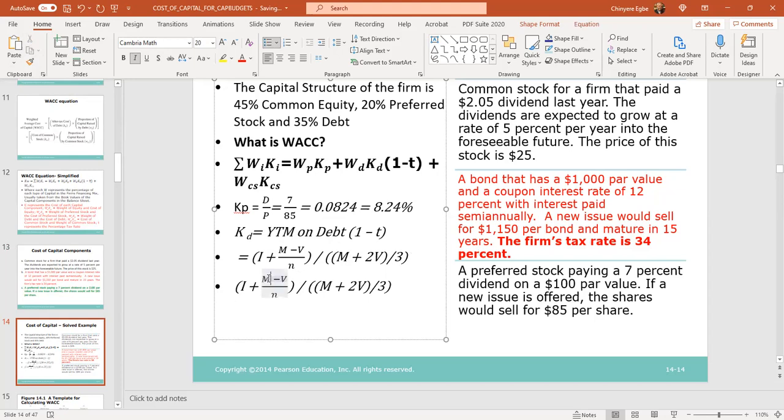This bond is going to mature at 1,000, so the maturity value will be 1,000. The current value of the debt in the market is 1,150, and the debt has 15 more years to mature, so we put 15 there.